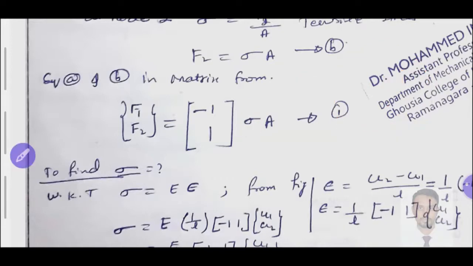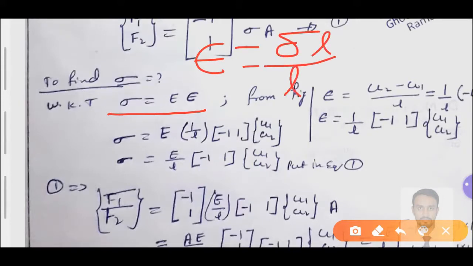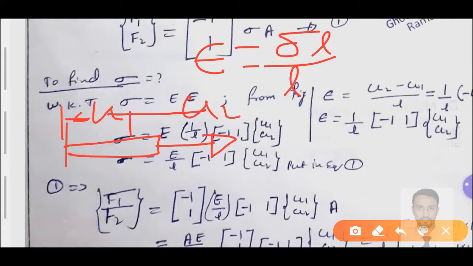Now we know Hooke's law, sigma is equal to E into epsilon. E is the Young's modulus, epsilon is the strain. We know that strain is equal to change in length to its original length. The total length of the element is L. When we apply the load here, displacements U1 and U2 occur within the element.